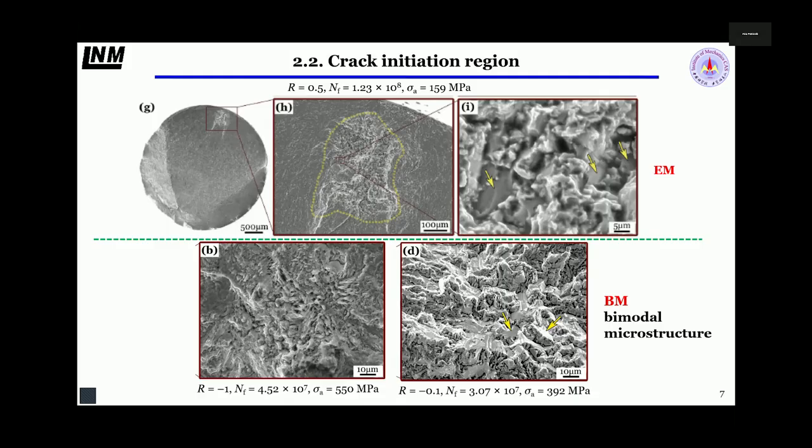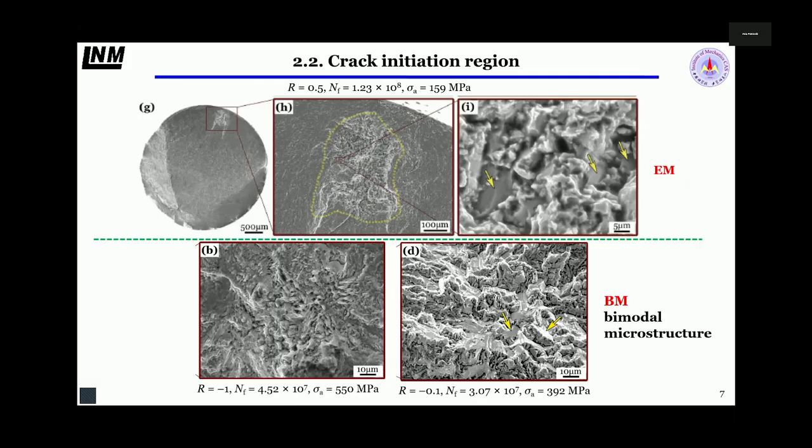This also shows it very clearly. The crack initiation region is easy to find, with very small facets, and this just shows the real pattern of the fracture surface, the so-called facet, the topic to discuss.